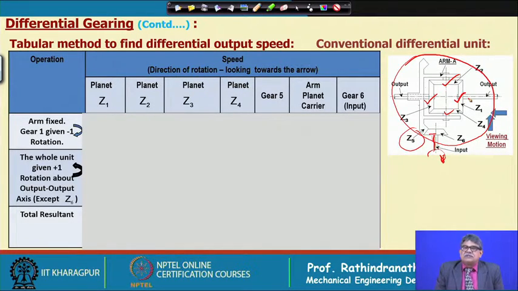Now, let us consider we are taking a turn. Suppose we are taking a turn like this, this is one wheel and this is another wheel, and this is one half shaft, this is another half shaft.